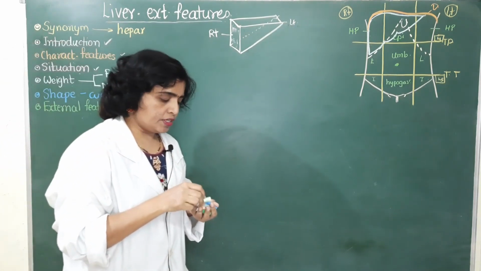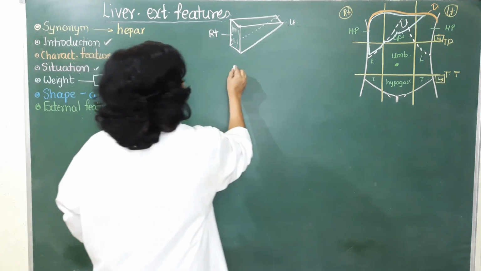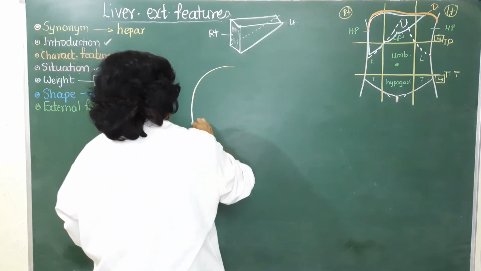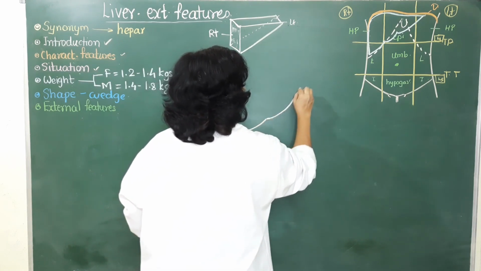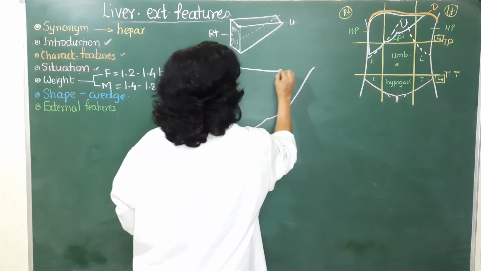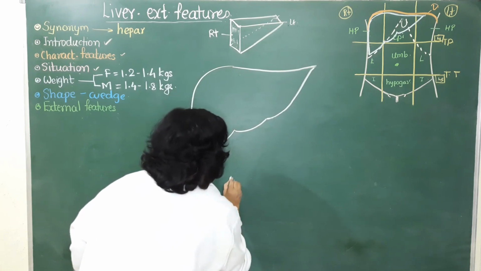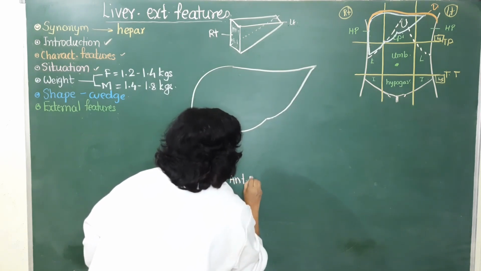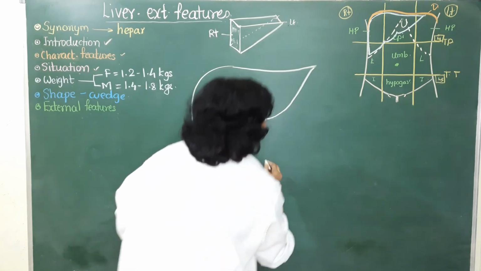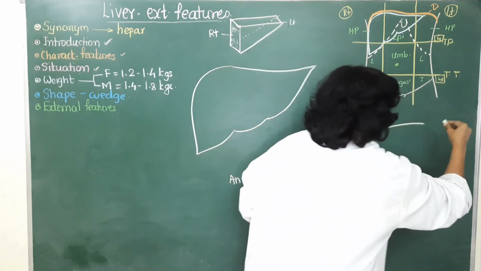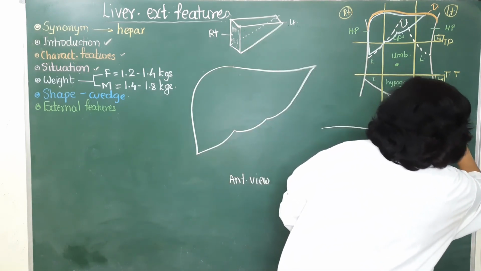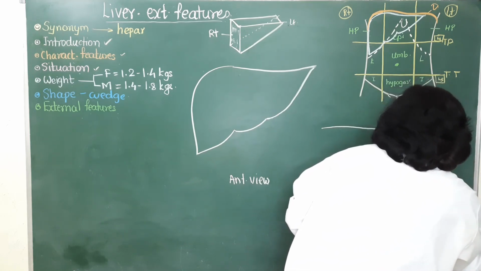For the external features, we will draw the anterior view and the posterior view of the liver. So here this is the anterior view of the liver. From the posterior view, the liver will be like this.